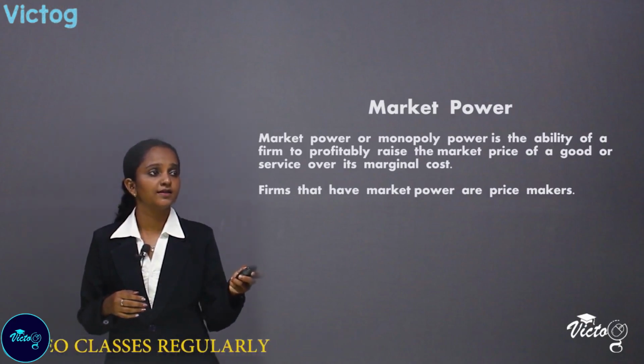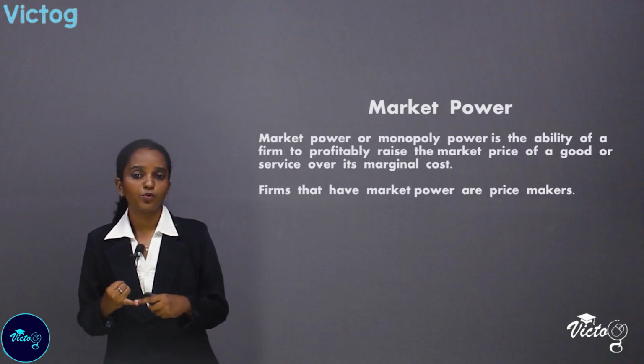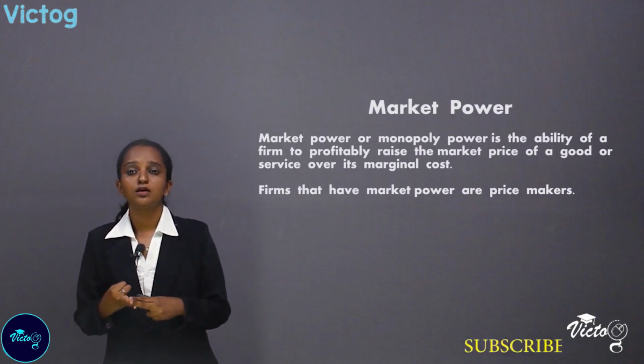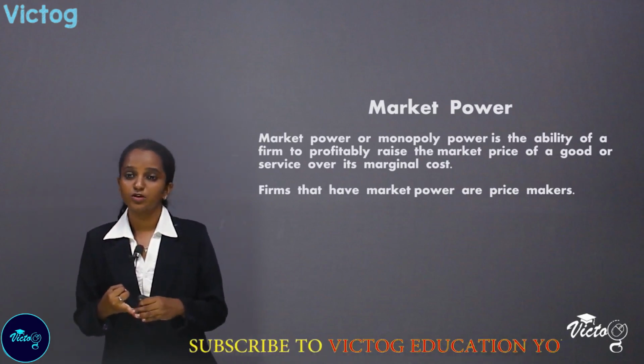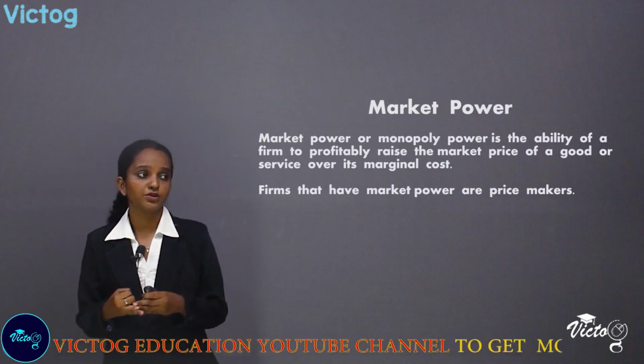So take the example of monopoly power. In a monopoly market, there will be only one producer in the economy, and he is known as the price maker of such markets because he controls the production of a particular commodity. So he can actually fix the price of that particular commodity.